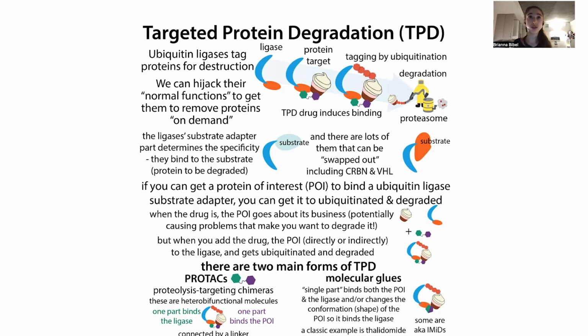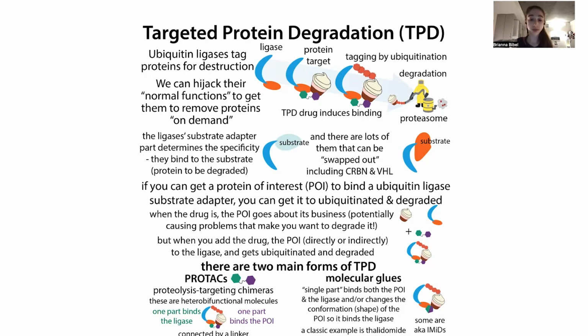And in addition to making things a new substrate, it can also strengthen weak interactions that were already present. The problem with these is that they can be really hard to predict, what they're actually going to do and what they're actually going to target.